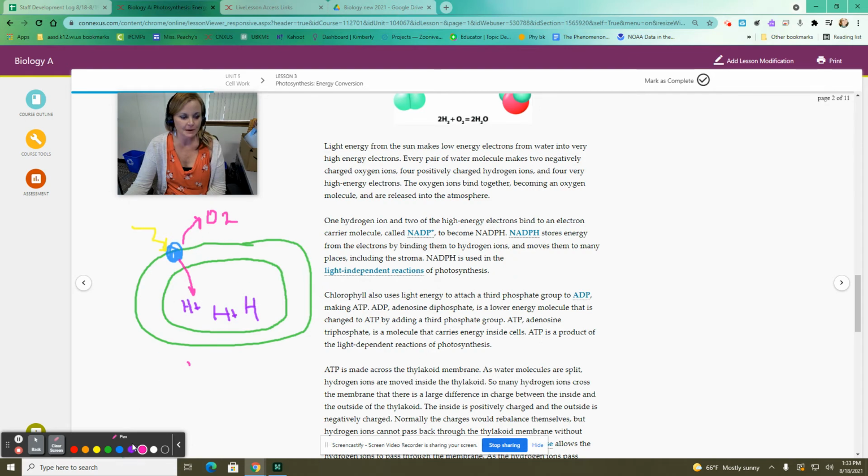Some hydrogens, by the way, get pushed down the line through two more little proteins that are embedded into the thylakoid membrane called photosystem 2 and photosystem 1. So those hydrogen ions kind of move down through photosystem 2 and photosystem 1.